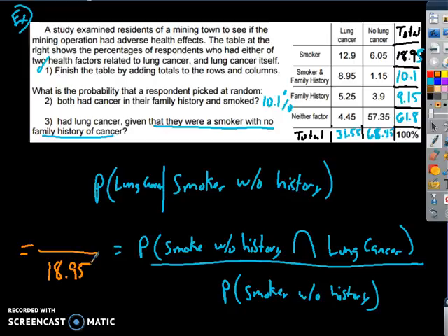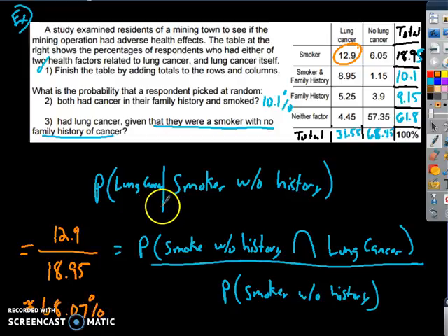And on the top, we want to know the conjunction: a smoker without family history who also has lung cancer. We're talking about just that 12.9. So it's 12.9% has that. So when you finally reduce that, you get about 68.07%.